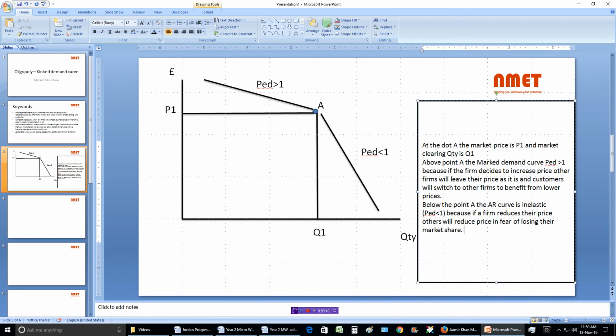And customers do not switch because they know the prices are falling down, so they're actually benefiting. So there is a keyword over here. We will just put that down. Price war.